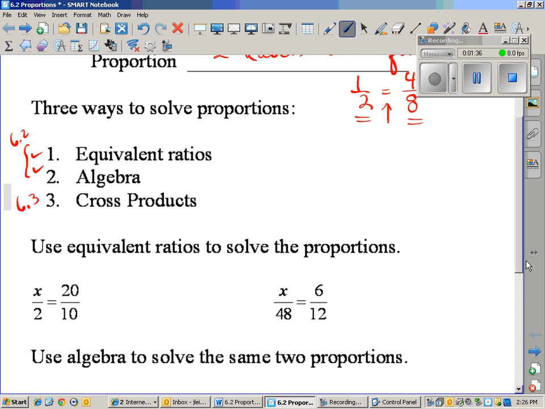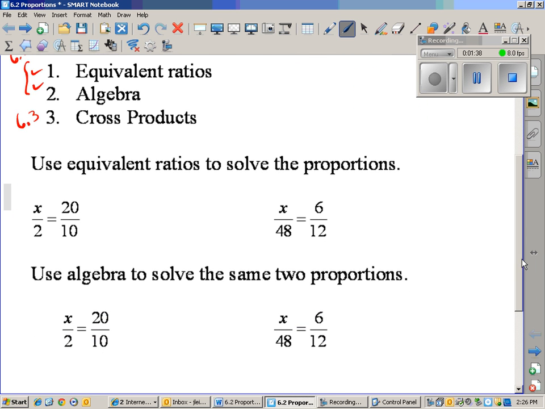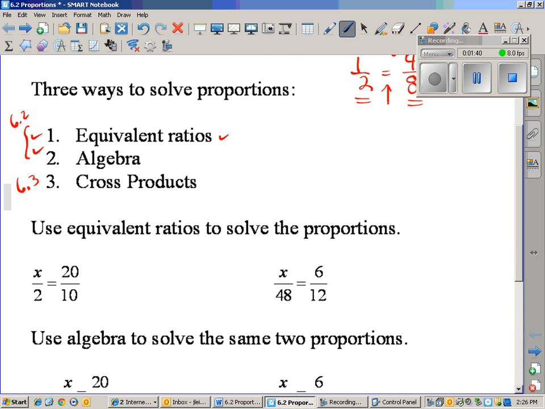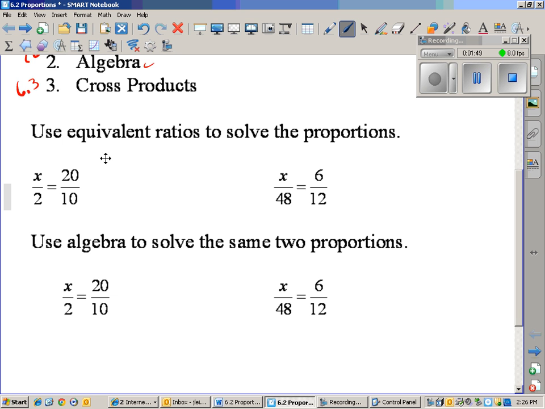So let's do a couple examples, and we're going to use both methods. We're going to use equivalent ratios and we're going to use algebra to solve most of the problems on this worksheet today. So using equivalent ratios, we ask ourselves, okay, how can I get from 2 to 10?